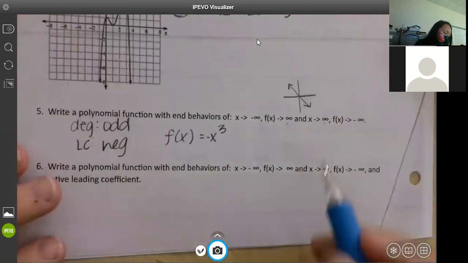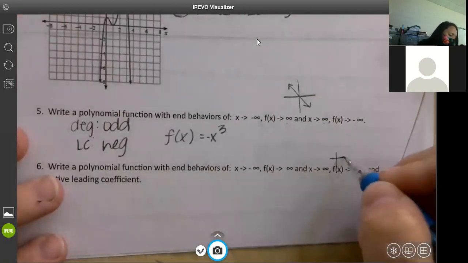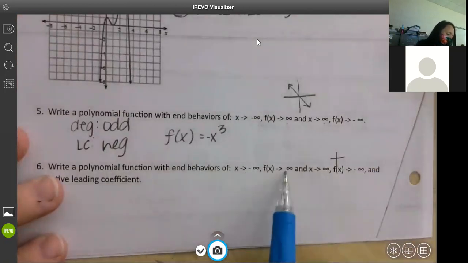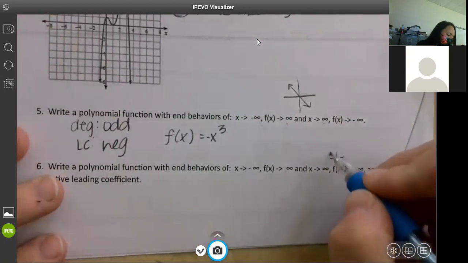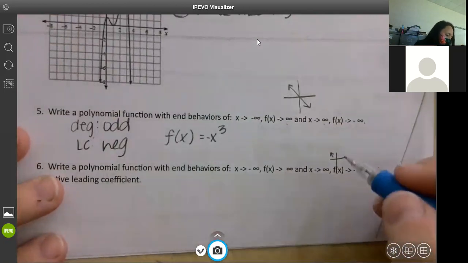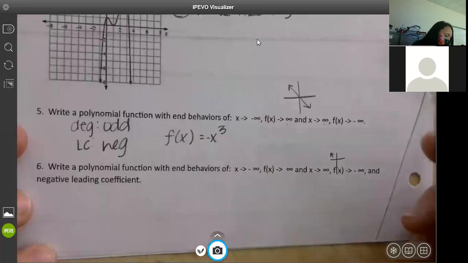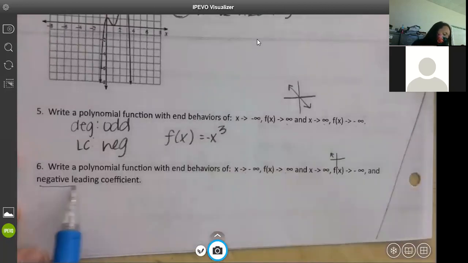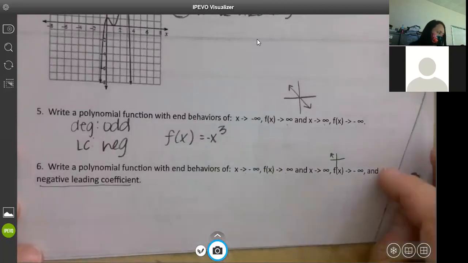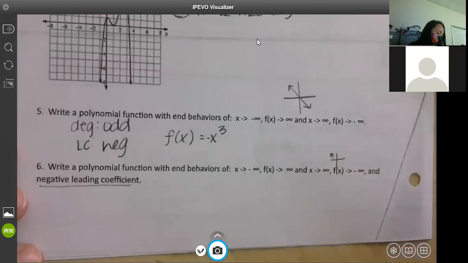All right, end behavior. On the next one, it says on the left, it points to infinity. On the right, it points to negative infinity. And it says it has a negative leading coefficient. What do we do?